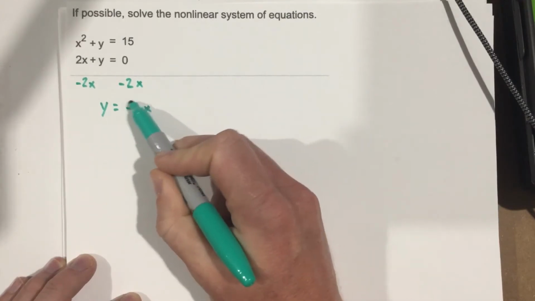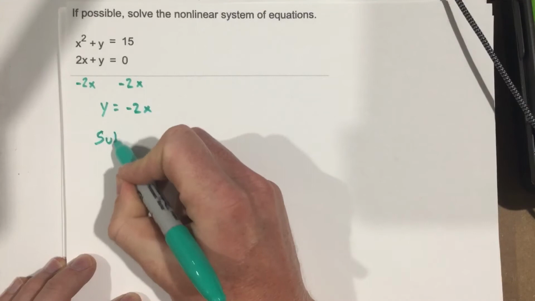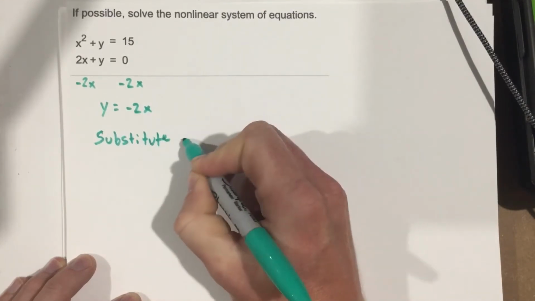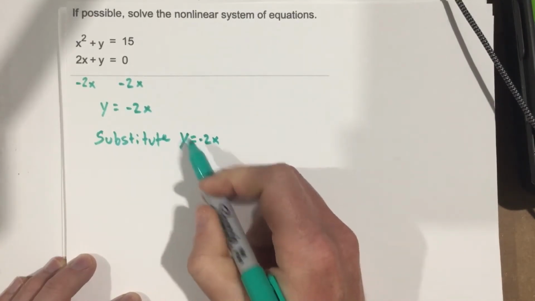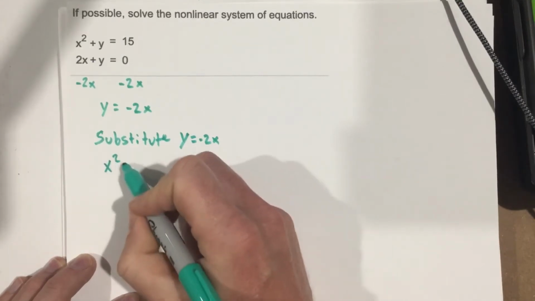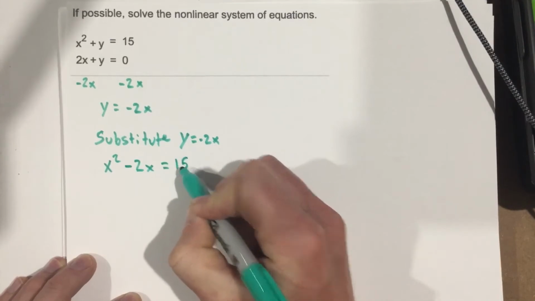And then I'm going to take negative 2x and substitute it in. So this is the substitution part. I'm going to plug y equals negative 2x into this equation. So I get x squared minus 2x now, equals 15.